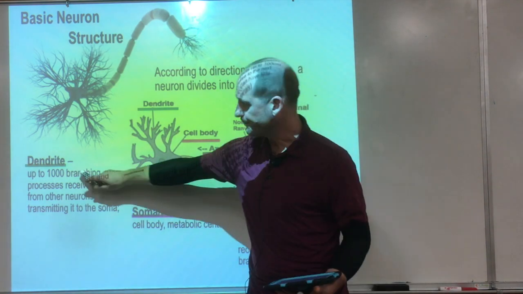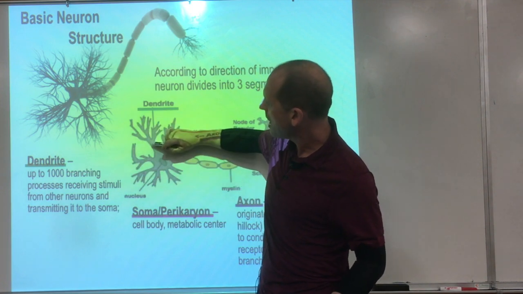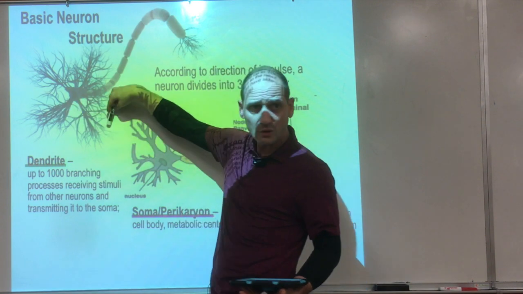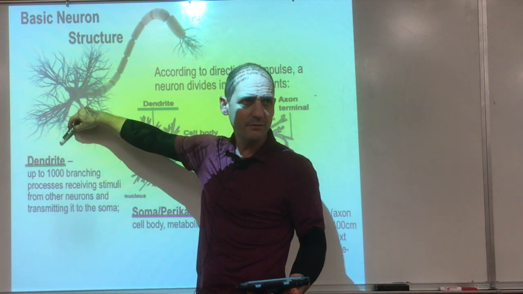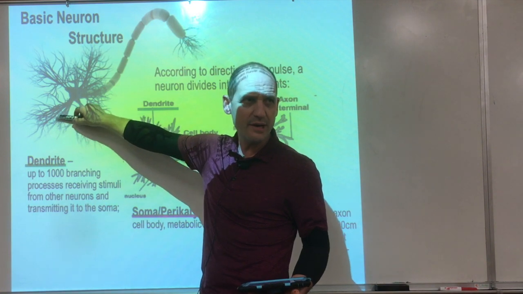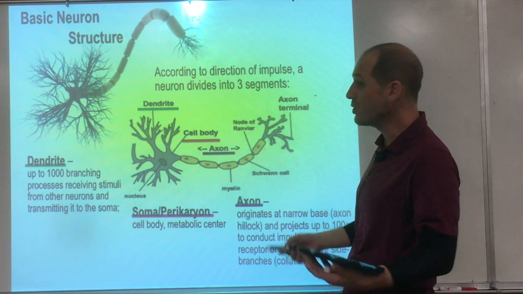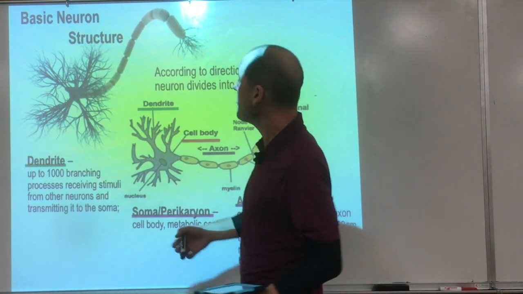The dendrites are branches that come off of the cell body, up to 1,000 branches. Look at that, it looks very interesting. This is the stuff that can grow when you study, when it hurts a little in the brain. That's when this grows. At least then you know it's doing something good. Well, hopefully if you focus on the good stuff.